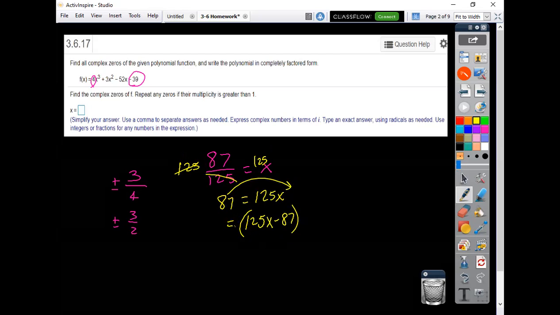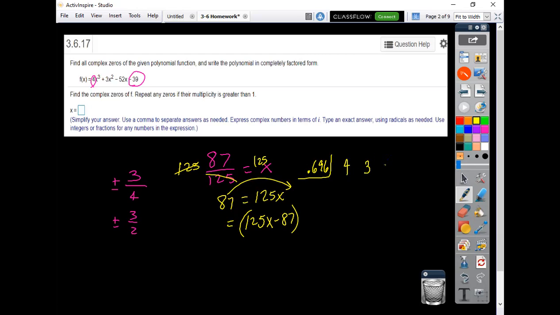The other thing that I have to do then is figure out what's left after I take that out of there. Man, that's gross. So my decimal, again, I could work with that, the 0.696, and then the coefficients, the 4, the 3, I'm going to do synthetic division here, if you didn't follow along, that's where I was going.